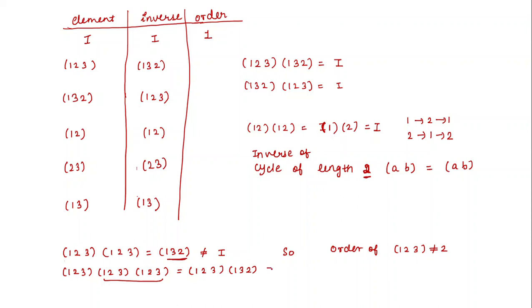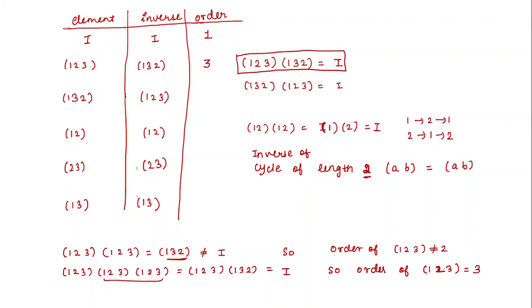Now what is (1 2 3) operated with (1 3 2)? Obviously identity, we even saw here. They are inverses of each other. So this is giving us I, and so the order of (1 2 3) is 3.